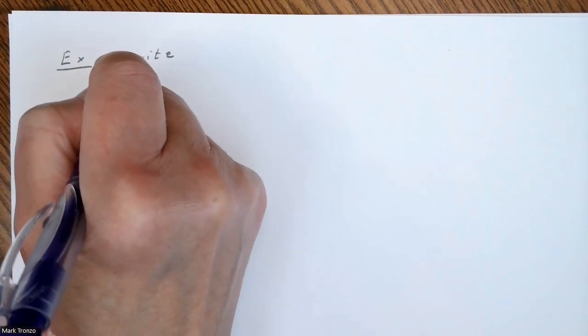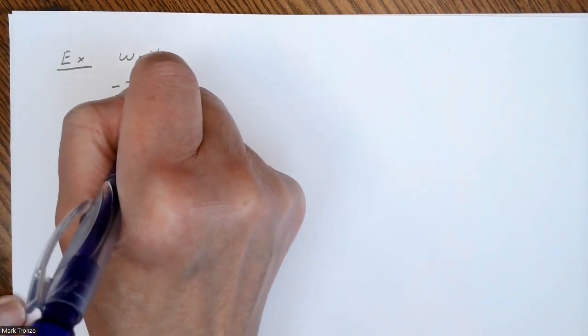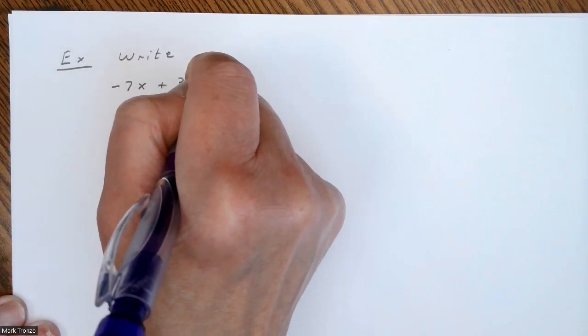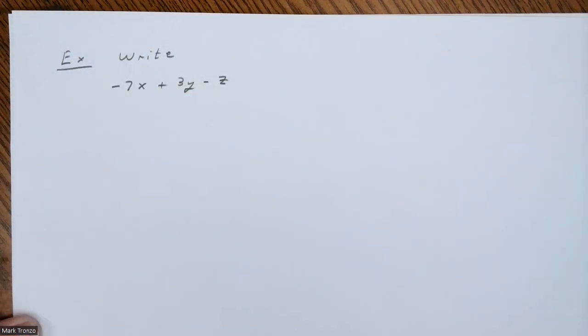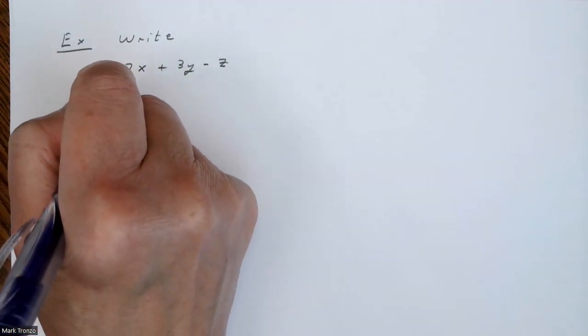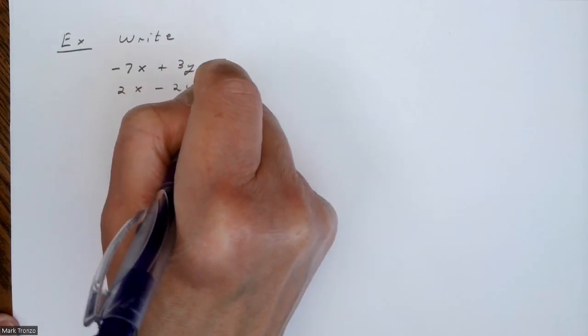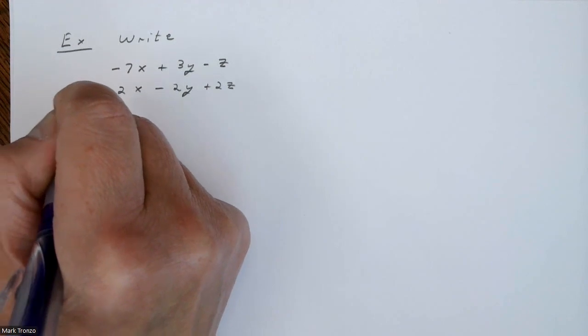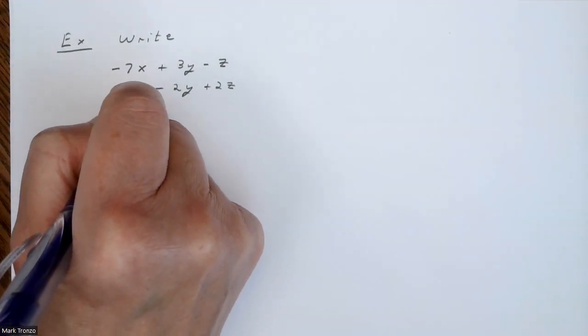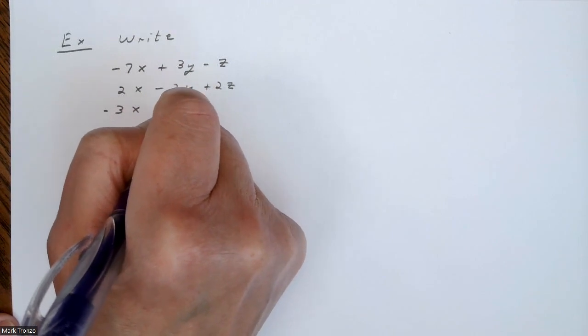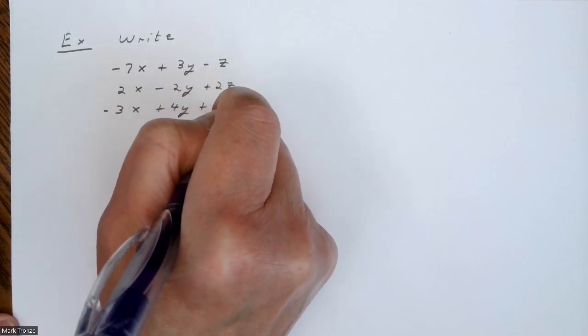So for example, let's say you have a system of equations: minus 7x plus 3y minus z, 2x minus 2y plus 2z, minus 3x plus 4y plus 4z.